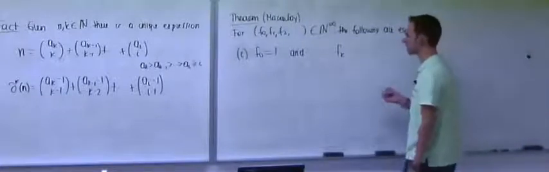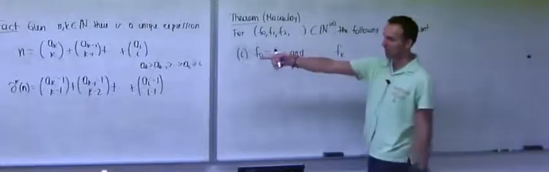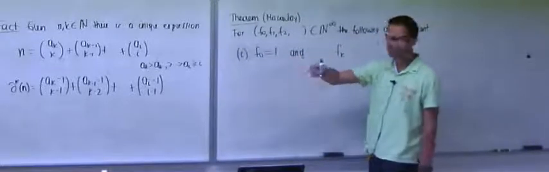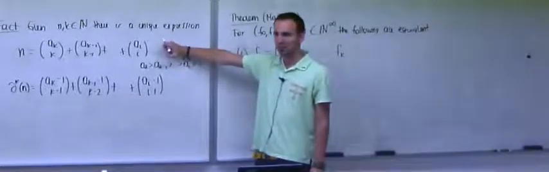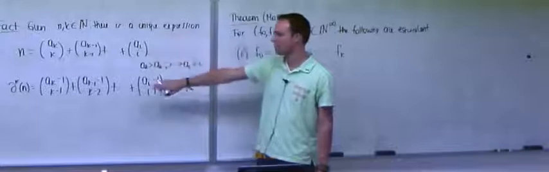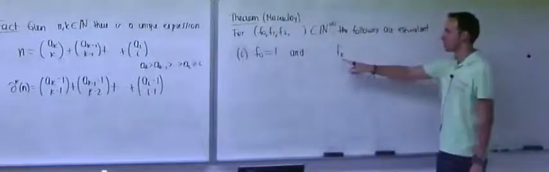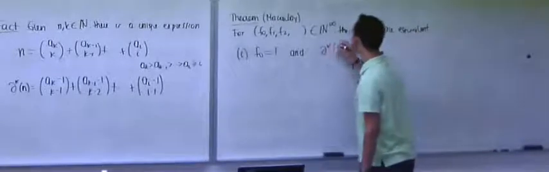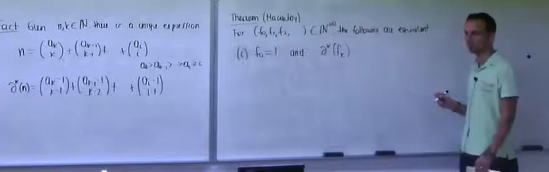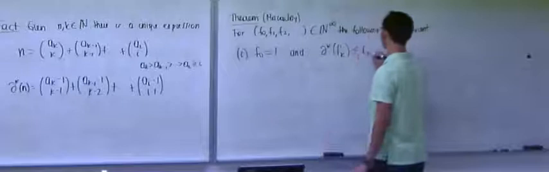The way that restriction works out is that when you take fk and you apply this lowering operator, you agree that this is a lowering operator. You start with the number n, and there's a kth lowering operator that makes you smaller. This says that if you apply the kth lowering operator, that should be at most f(k-1).